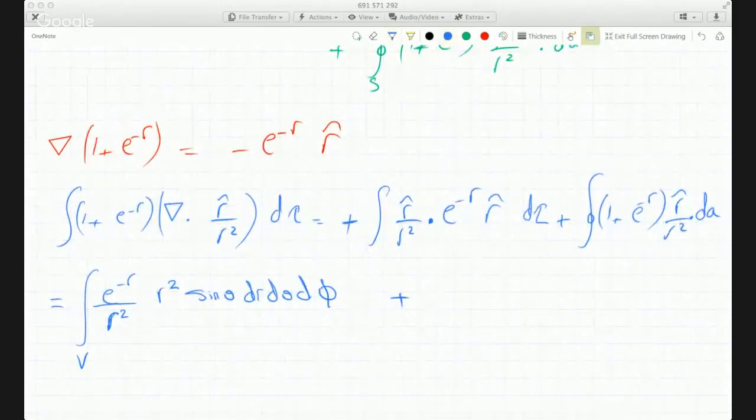The radial component and the area vector, which is in the r direction, are on top of each other. So this product will just get you the magnitude of the first times the magnitude of the second, which means the area, multiplied by the cosine of the angle between them, which is cosine 0, which is 1. Okay.